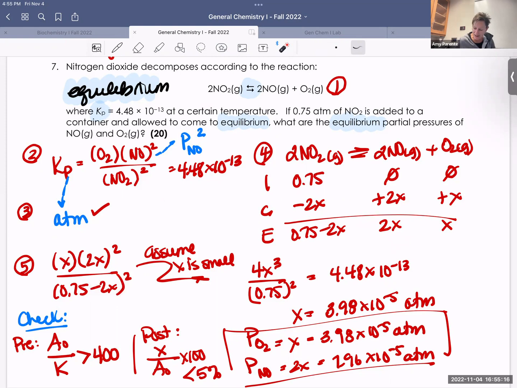Even if you put X in with this problem, it would still be okay. But in general, you want to use whatever size scoop you're ignoring. We're ignoring a double scoop, so we'd put 2X, which is this number, over the amount that we started with, 0.75. Multiply by 100, and you get 0.01%, so way less than the 5%. So that's okay.